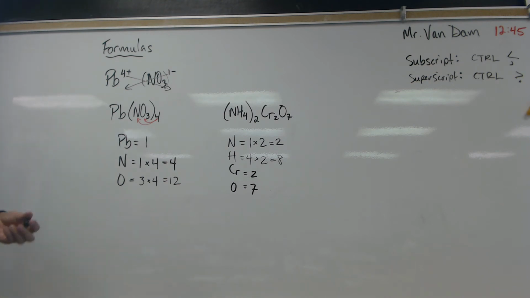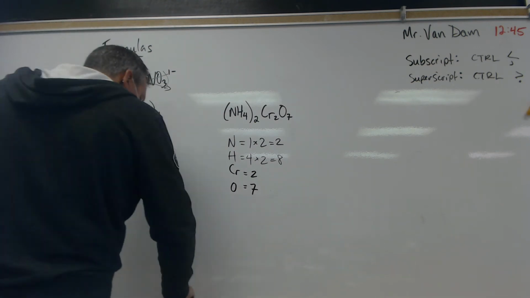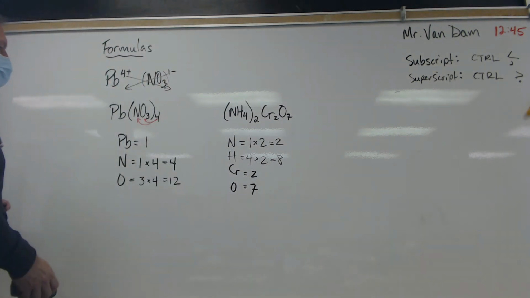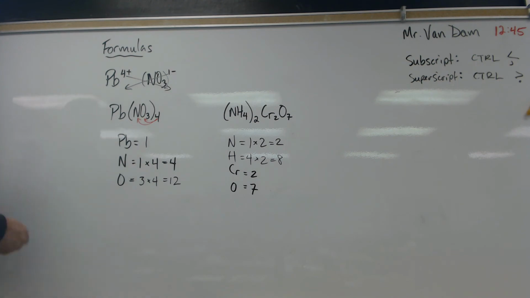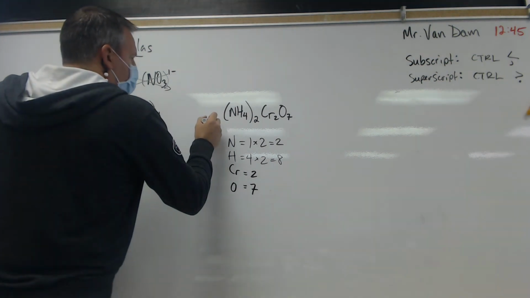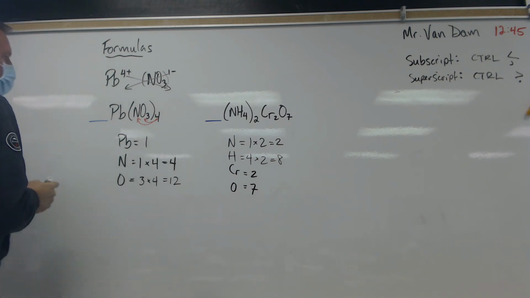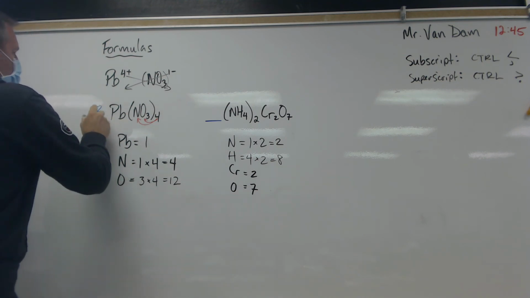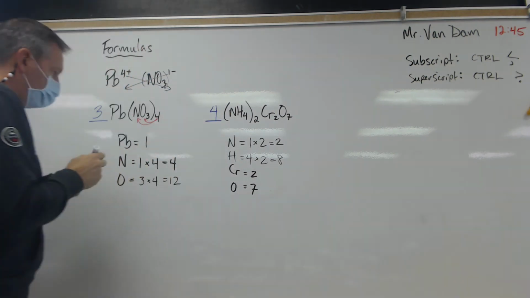Okay? Now there's one other thing that you might see. And again, we go back to balancing chemical equations. Let's say that each of these shows up in a balanced chemical equation, and there's a subscript. Let's say we needed 3 of these, and let's say that we had a 4 in front of here.